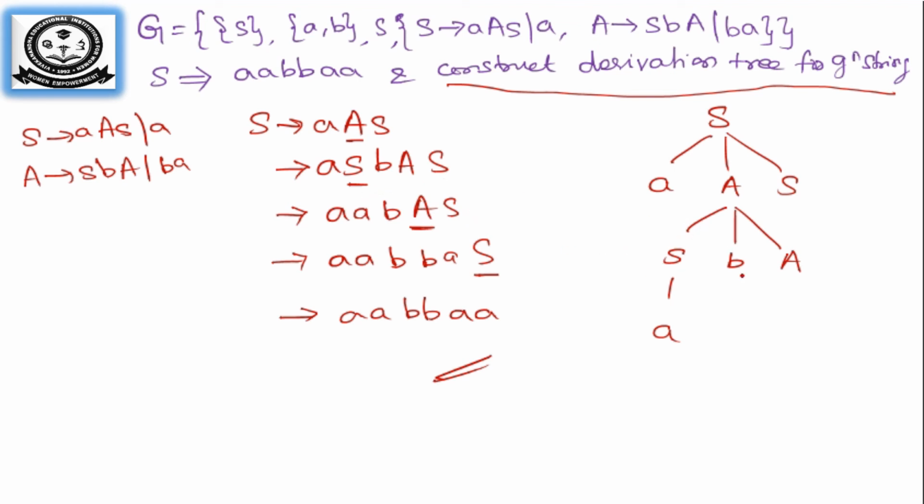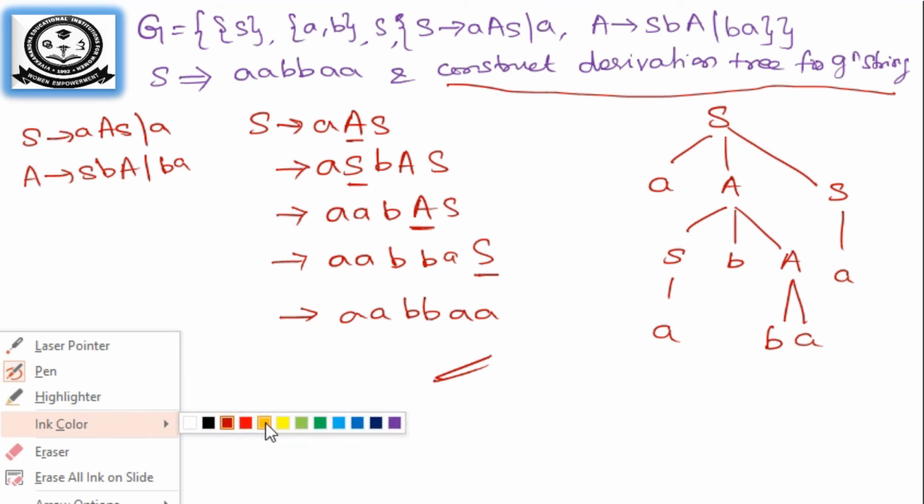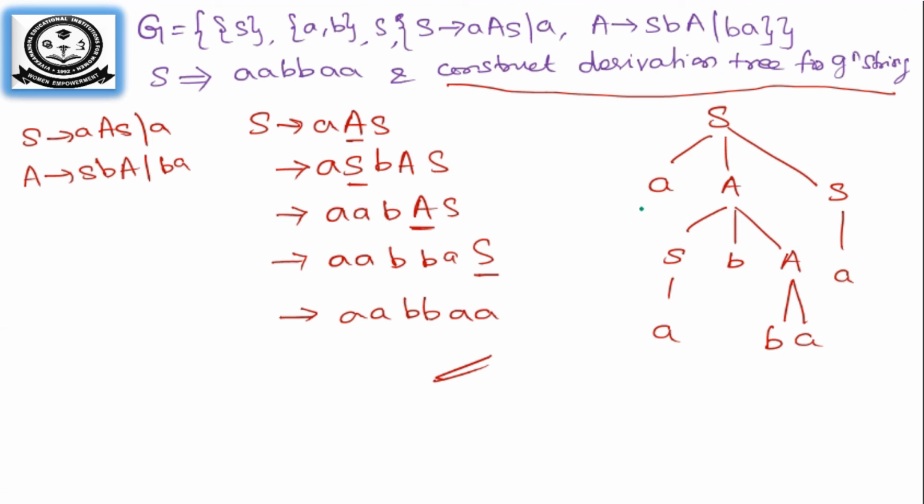SBAS. Okay, so for this A, I have substituted BA. So you have BA over here. And for this S, let me have a little bit over there. Okay, so this S is finally substituted with A. So when you travel the bottom leaves alone, you can find it is accepted.